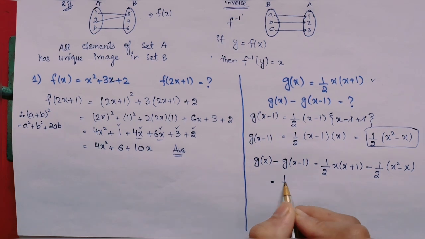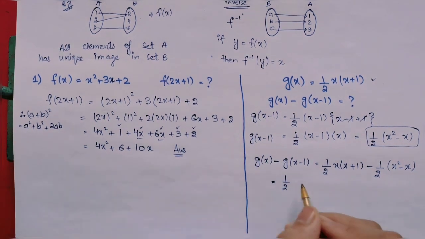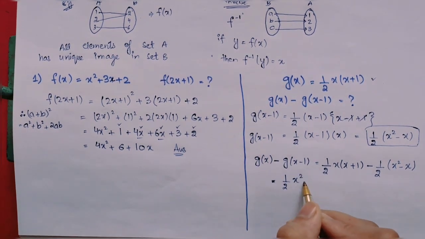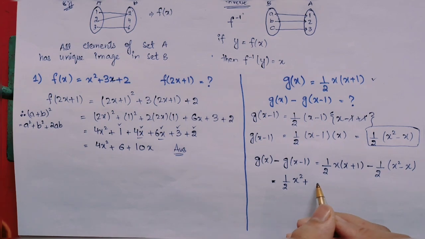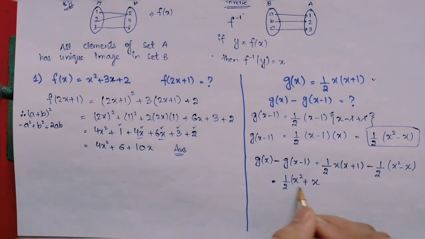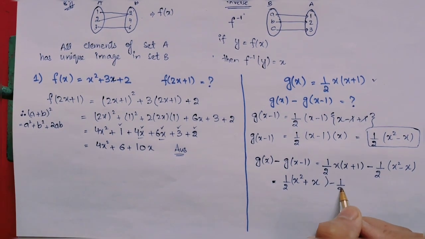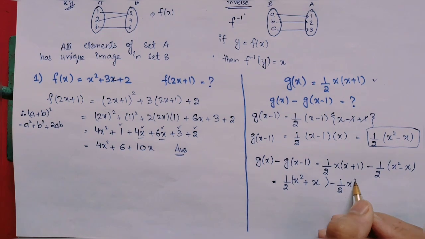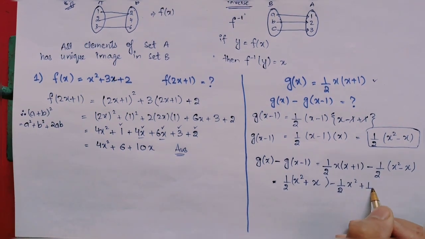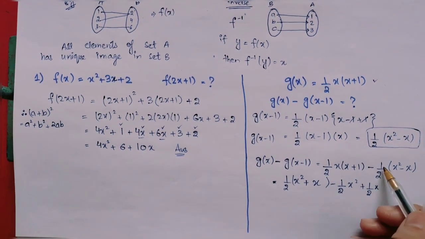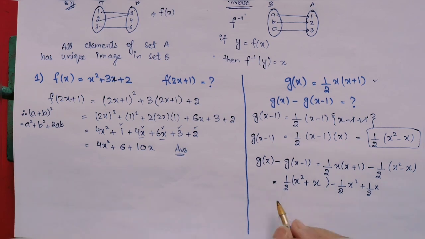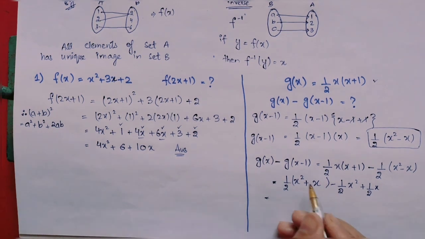For example, 1 by 2 multiplied with x square plus x, minus 1 by 2 into x square minus x. I multiply this 1 by 2 with this bracket, and again multiply this 1 by 2 with this bracket.